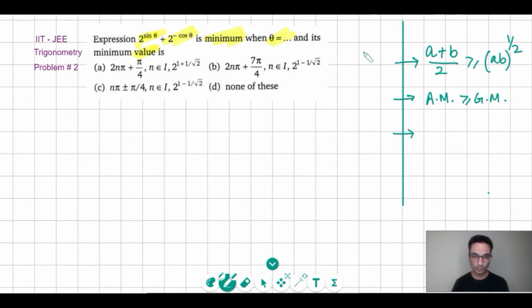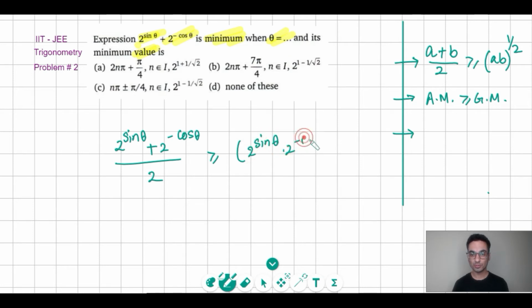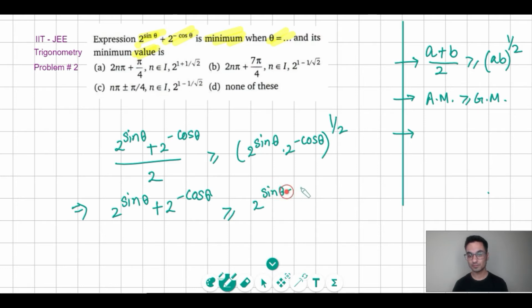Okay, so starting with this formula, we can write 2 raised to the power sine theta plus 2 raised to the power negative cos theta over 2 is greater than or equal to 2 raised to the power sine theta times 2 raised to the power negative cos theta, whole raised to the power half, which can be written as 2 raised to the power sine theta minus cos theta times half, and the 2 on the other side we can multiply on the right hand side.